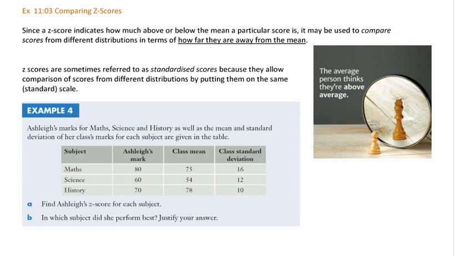So knowing that about Z-scores, we could say that if you had a Z-score of 2 in maths and a Z-score of 2 in English, then you're performing at about the same place in both subjects.